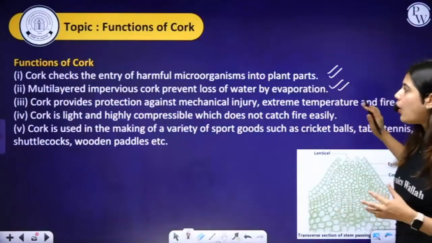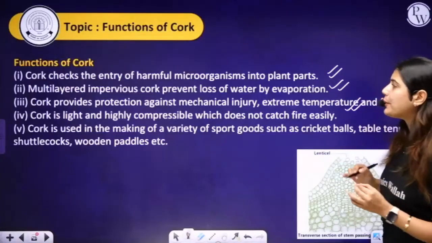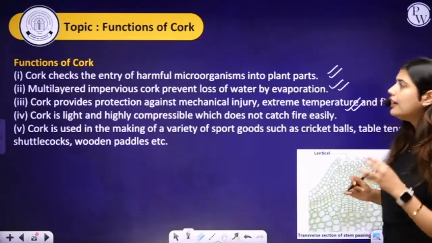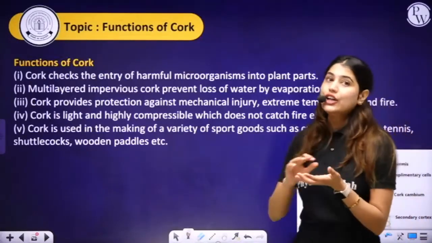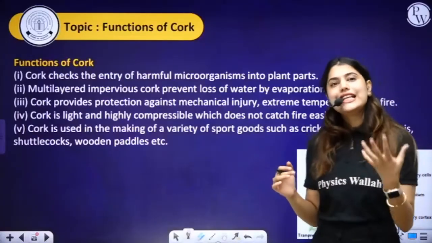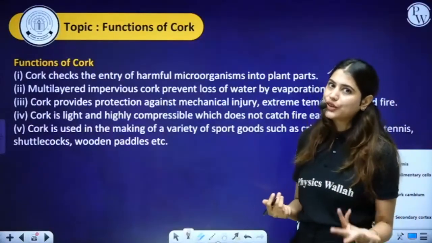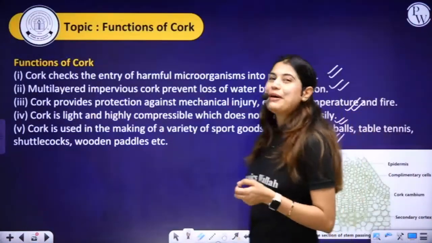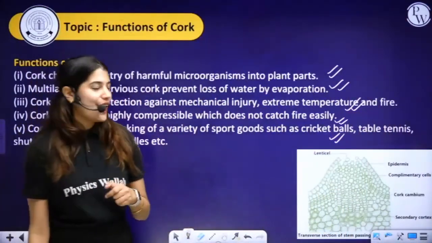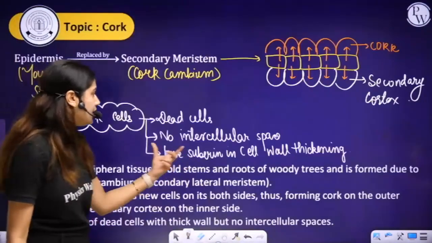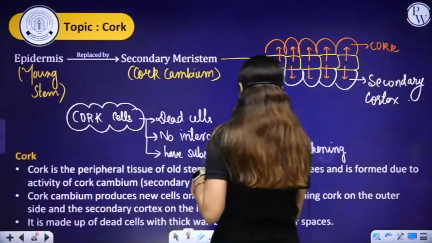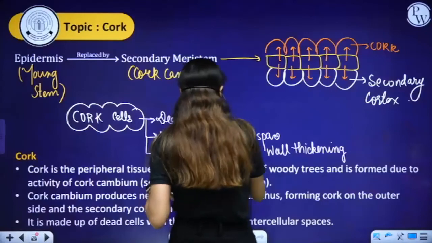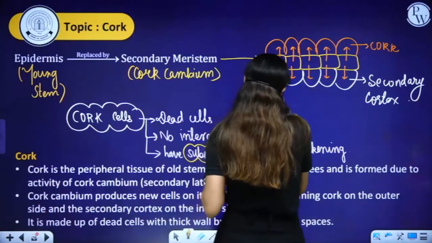Lastly, it is preventing mechanical injury. The cork is very light and it will not catch fire easily. Hence, we use it to make sports goods like cricket bats and balls. So that was about the functions of the cork. If you want to mention, you can mention that suberin is impervious to water and the gases.